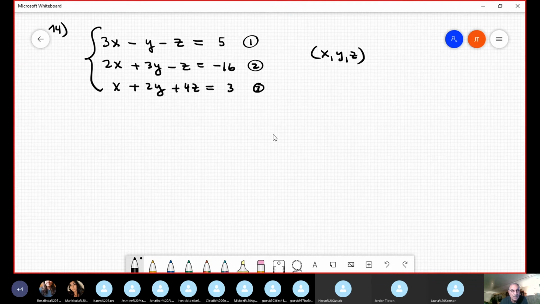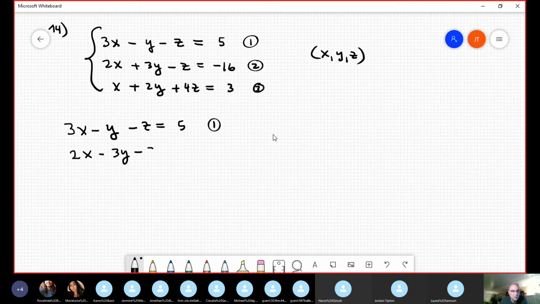Look, I copy equation 1. I put the number of the equation to organize the work. And you copy now equation 2 again, down.